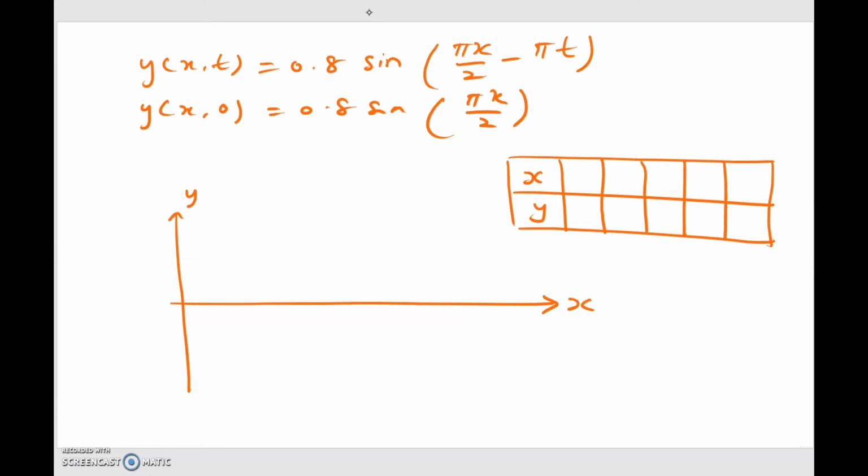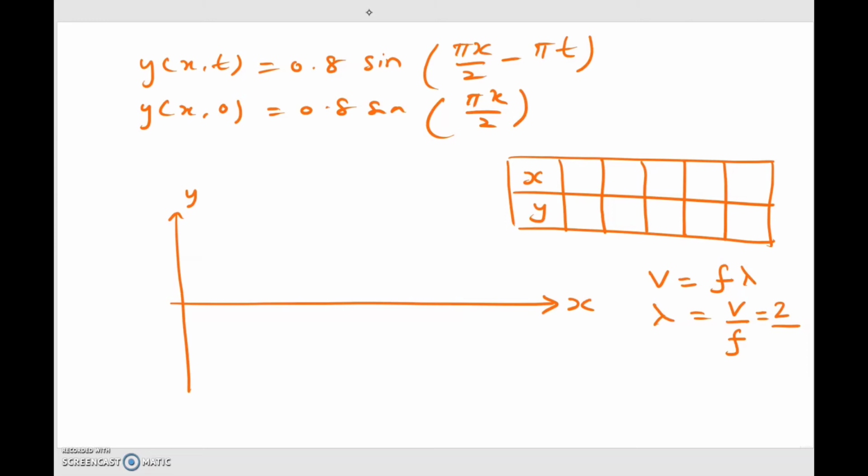For x, you have to find the wavelength. So how can we find the wavelength? From the velocity, v is equal to f lambda. Our v is 2, so we have to find lambda first. Lambda equals v over f. Our v is 2. How can we find f?